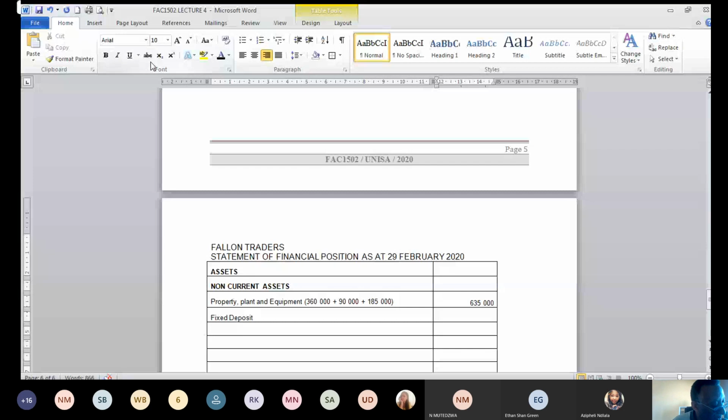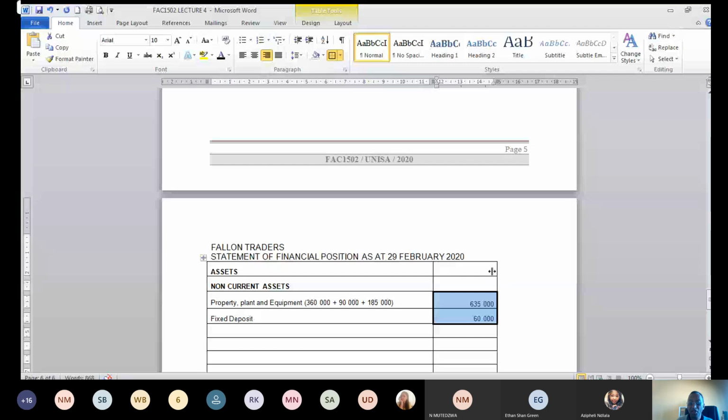We've got a fixed deposit of 60,000 Rand. We will block that, giving us non-current assets then of 695,000 Rand.